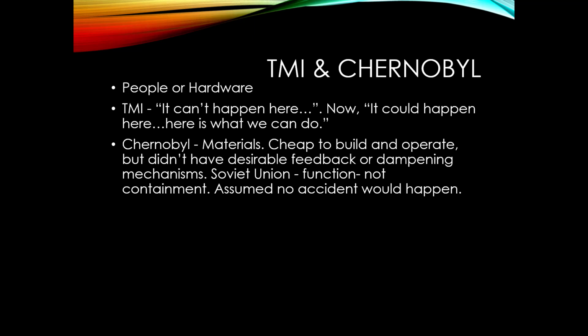An example of a safety situation that we've seen in recent history has to do with nuclear power plants. And there's two notable power plant failures. And I'm not going to go into depth here. Those of you that are taking an ethics class will read about these in the chapter on safety.